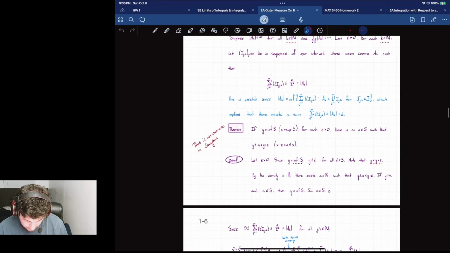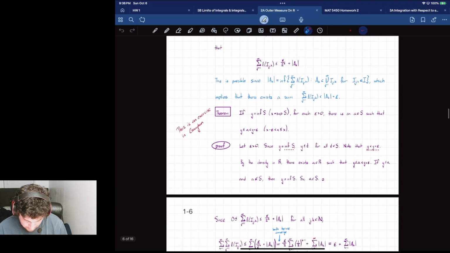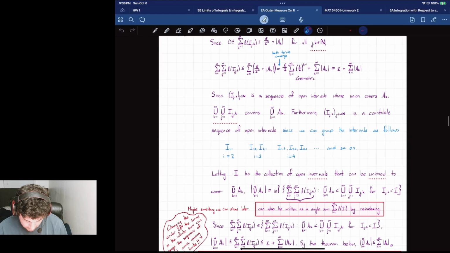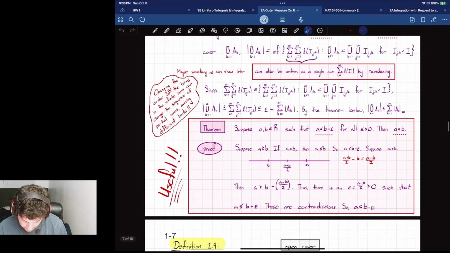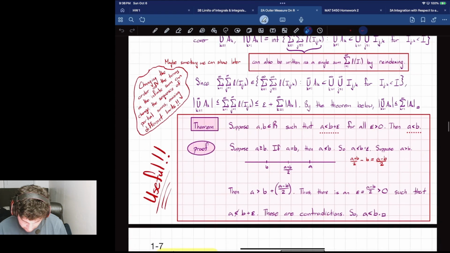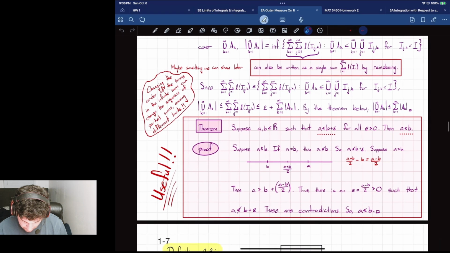This was the one I just used, a similar one. And then it's this one. Wait, it's less than? It's strictly less than?